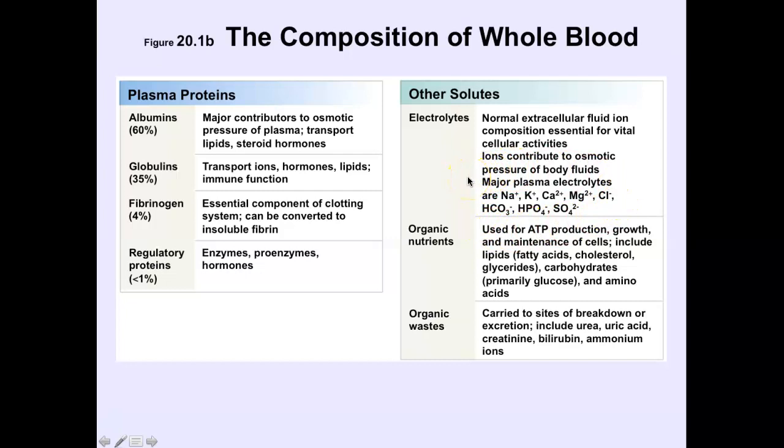Electrolytes help cells maintain their activities, especially for the nervous system. And then we have, of course, our organic nutrients and waste products that we are carrying around our body. Okay, so we are good with 1, 2, and 3. I'm going to stop it here and talk about formed elements in the next section.